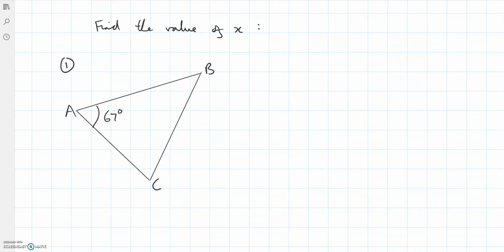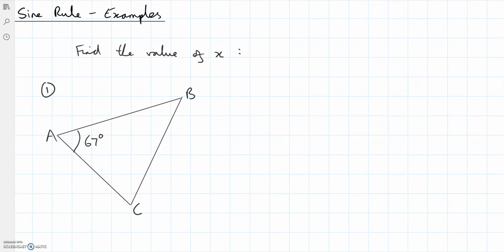Angle B, I'm going to give you as 43 degrees. And then I'm going to give you 4 centimeters on this side. And I'm going to call this our unknown value x here. So we're trying to find the value of x, and x represents the length of a side of the triangle, in this case the length of the side that connects BC, so the length BC.